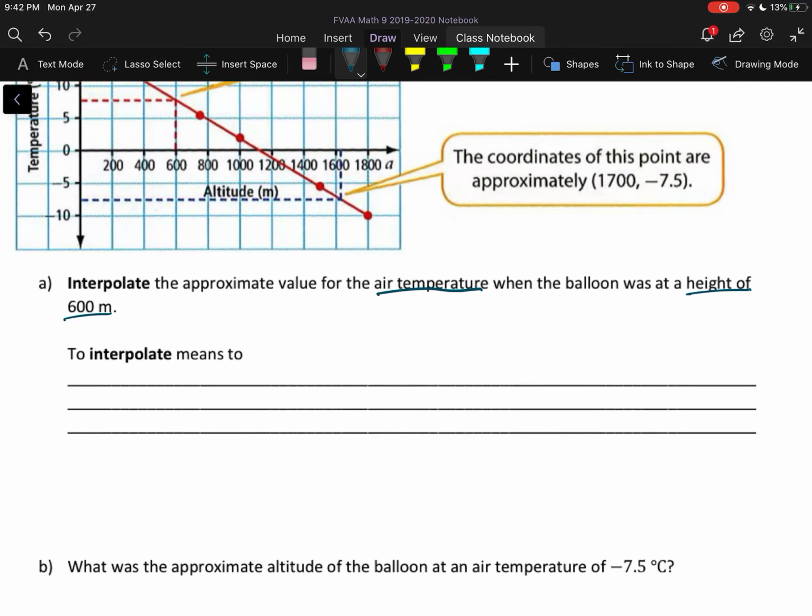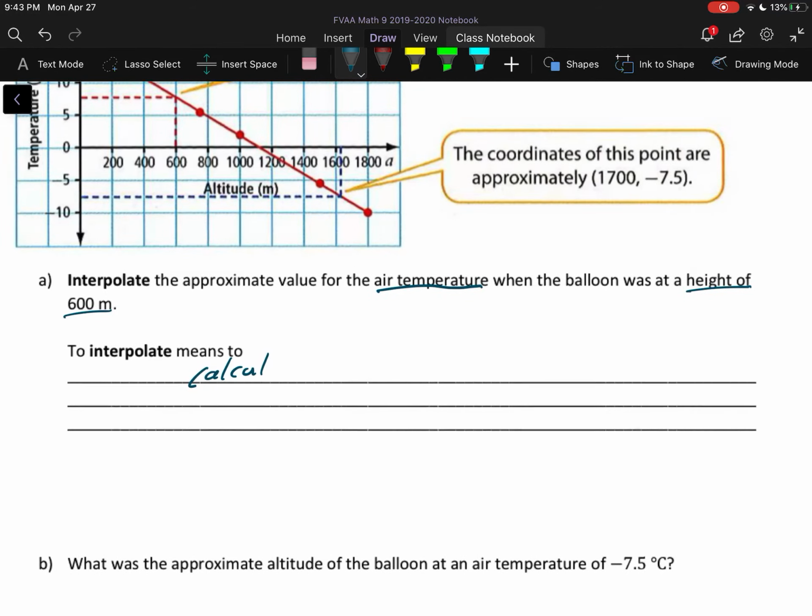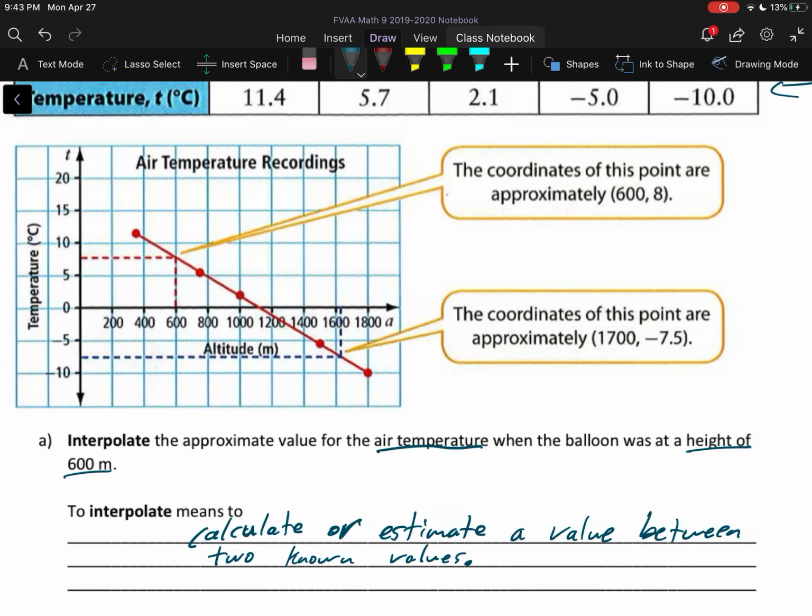To interpolate is to calculate or estimate a value between two known values. Okay? So calculate or estimate a value between two known values.